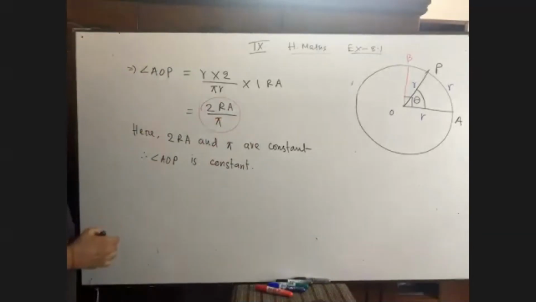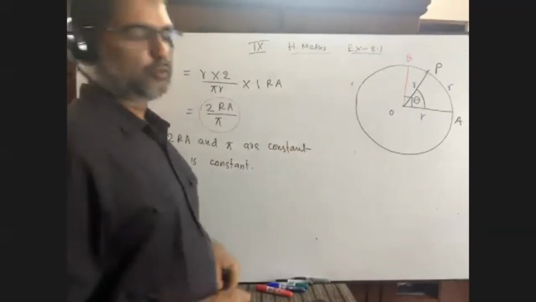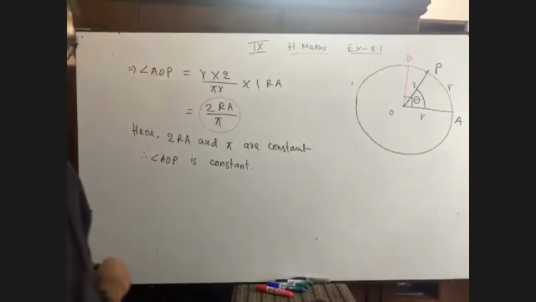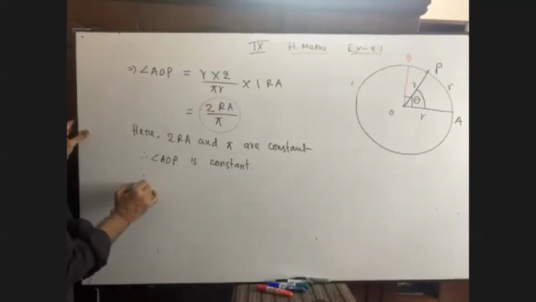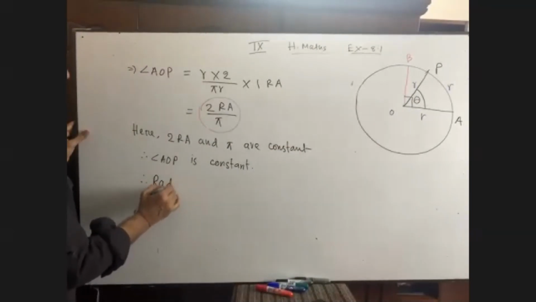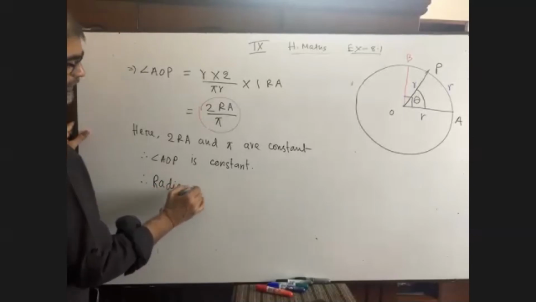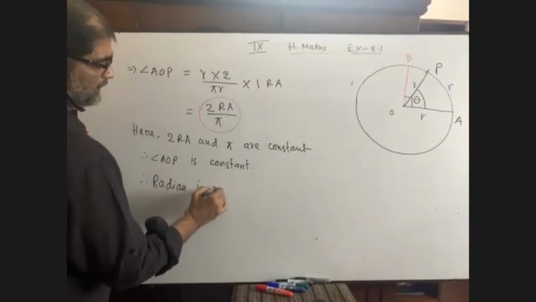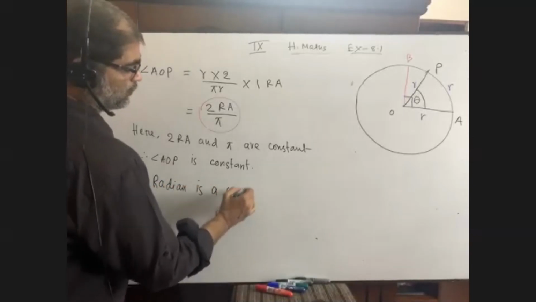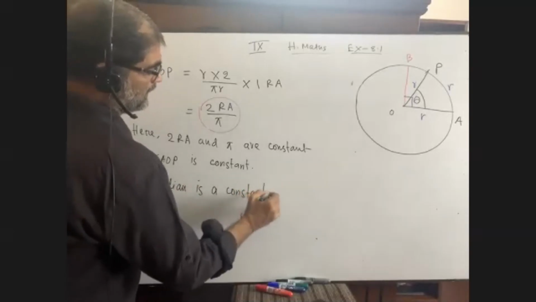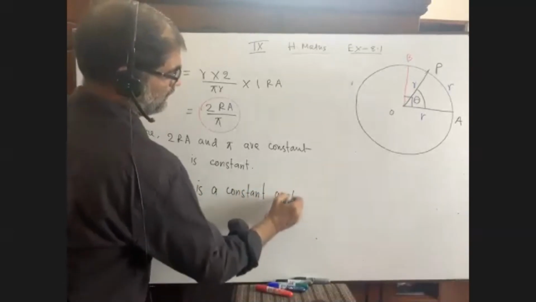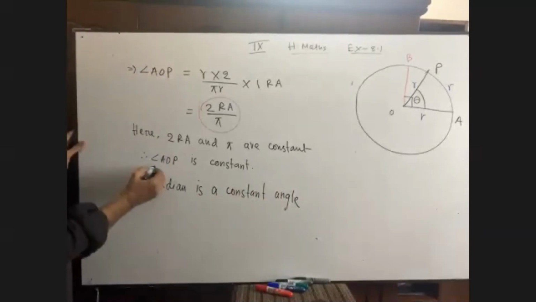What is meant by this? What was angle AOP? Angle AOP equals theta, which is a radian. Therefore, radian is constant. Radian is a constant angle. You see, angle AOP is constant.